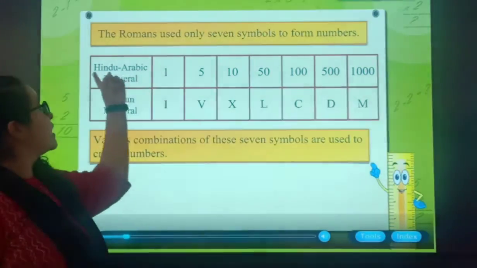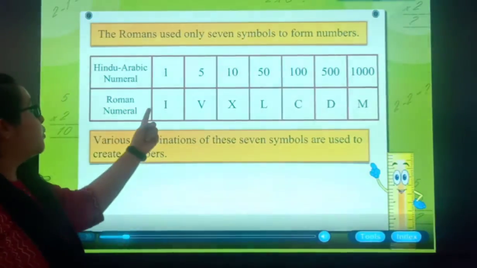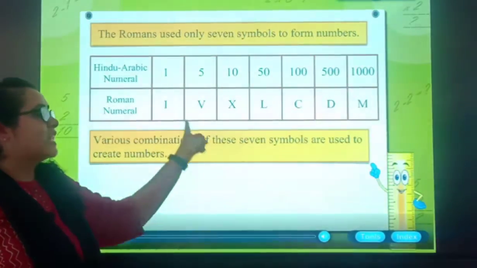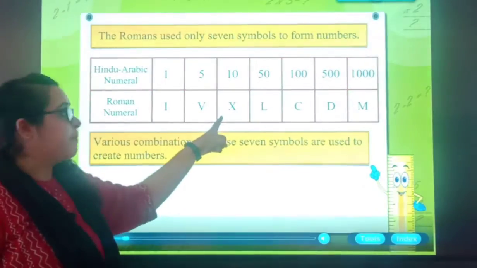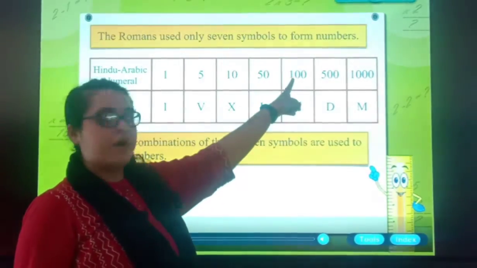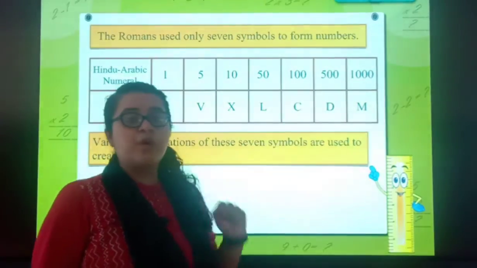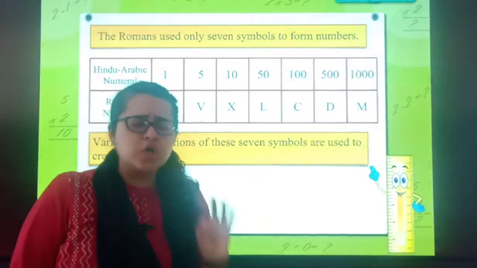हम Hindu Arabic numeral according we used to write 1. हम Roman में कैसे लिखेंगे? I. 5 को हम Roman में कैसे लिखेंगे? V. 10 is written in Roman as X. L stands for 50, C stands for 100, D stands for 500, M stands for 1000. Understood? ये table आपको बहुत important है.